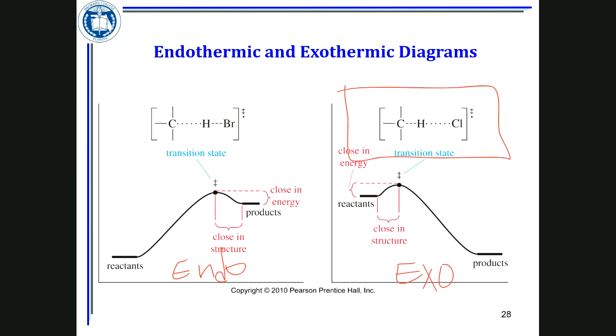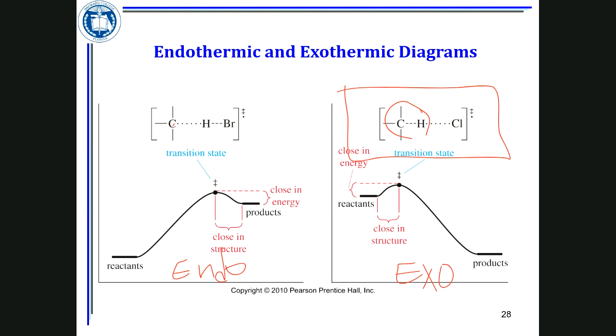You see, hydrogen is very close to chlorine. This molecule, to me, looks more like methane than chloromethane. But for a selective reaction, where the transition state is close to the product, the hydrogen is almost detached, so this one looks like the product already.